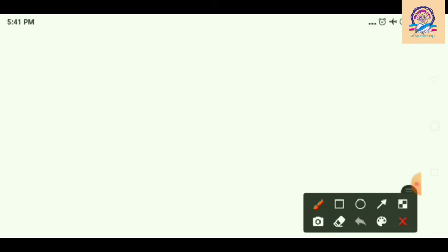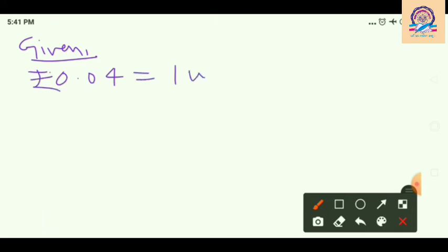So let's know it by making a solution. So first write given. So what is given? Means we know that 0.04 rupees make 1 won, right? And here you know that 0.04 means you can write in a fraction form. It will be 4 upon 100 rupees, means 1 won.